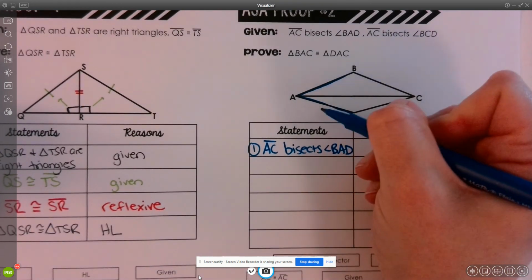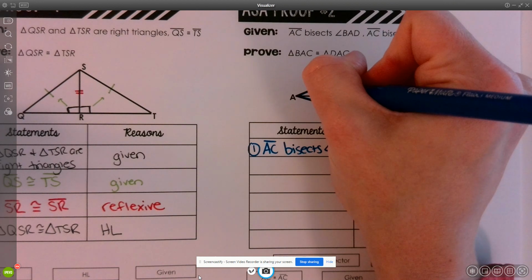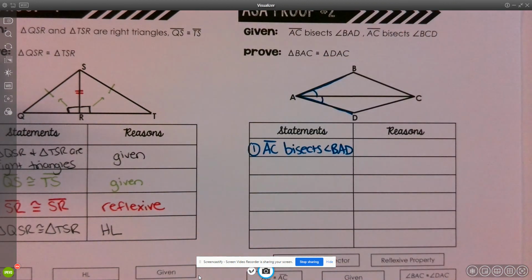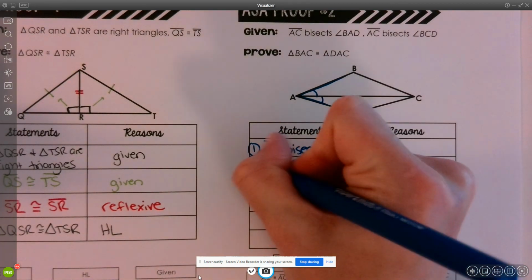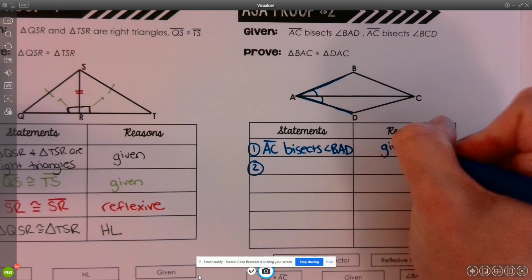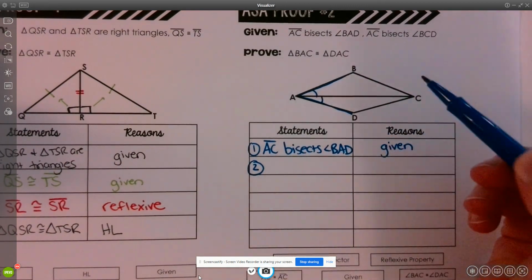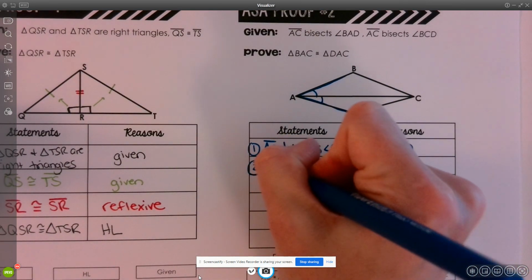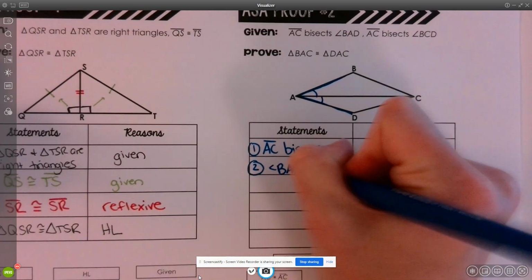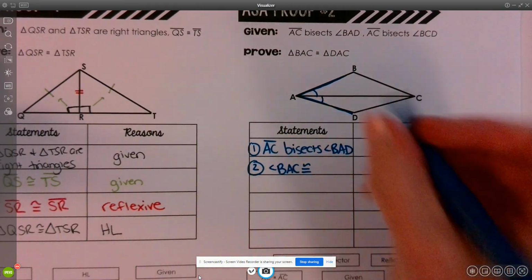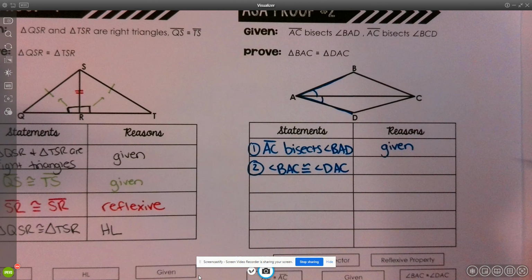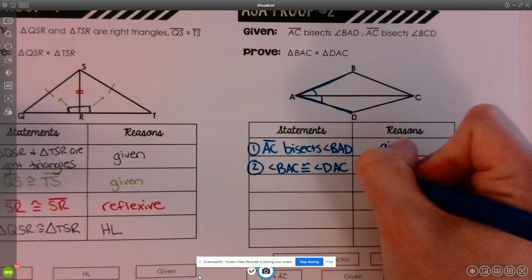So just like we discussed in the last proof, if it bisects that angle, it cuts it into two congruent pieces. So using our first given statement, we know that angle BAC has to be congruent to angle DAC by the definition of an angle bisector.